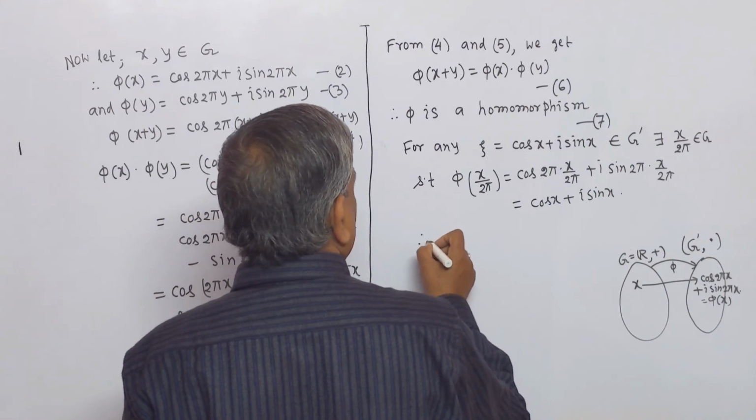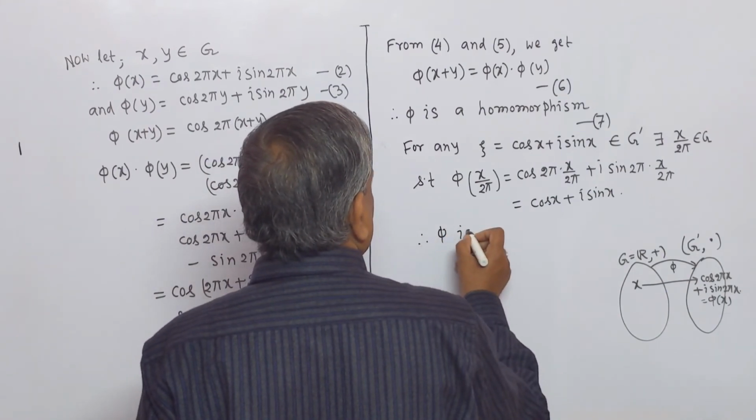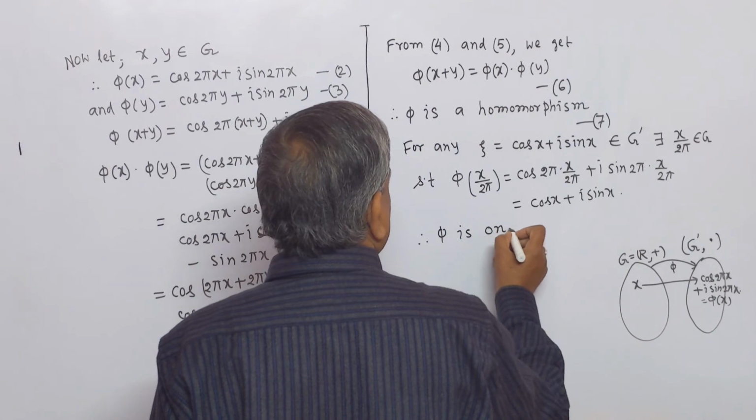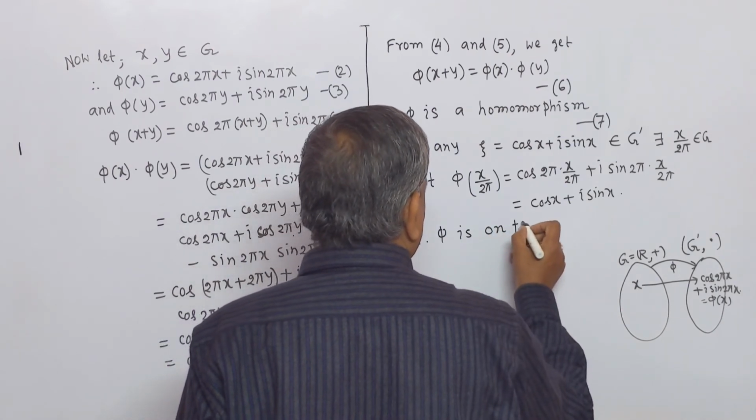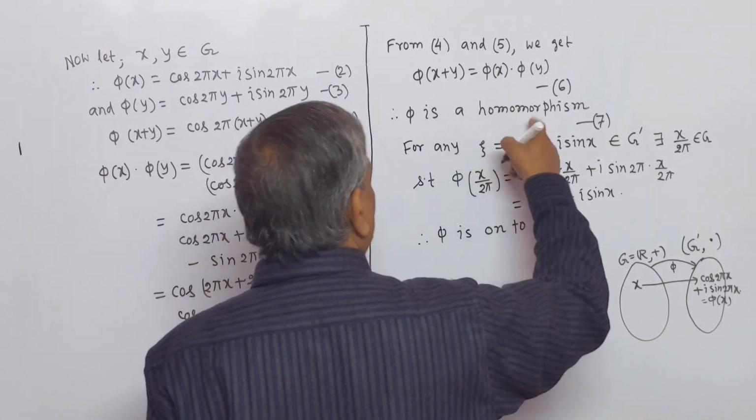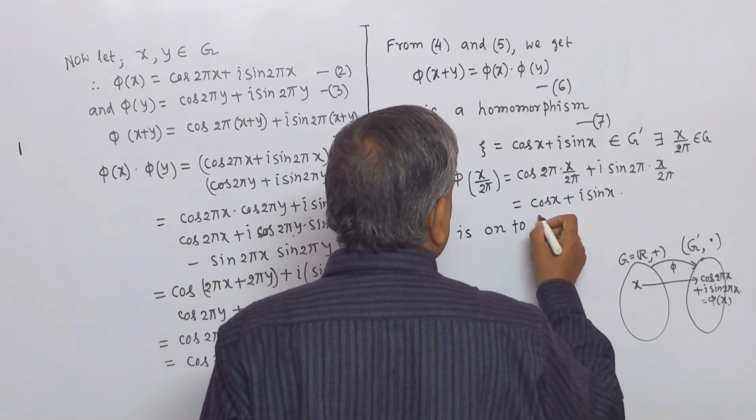Therefore phi is onto mapping. Onto mapping means onto homomorphism.